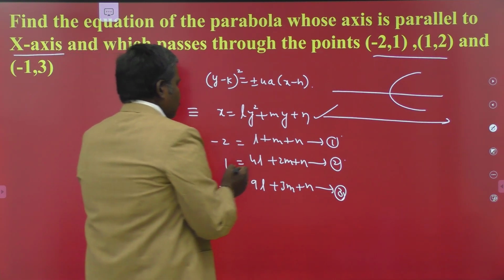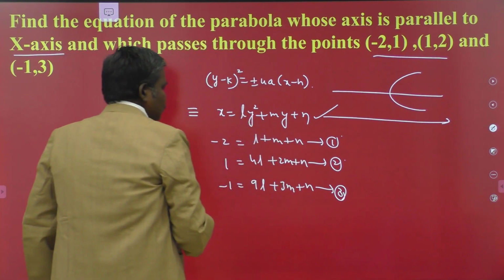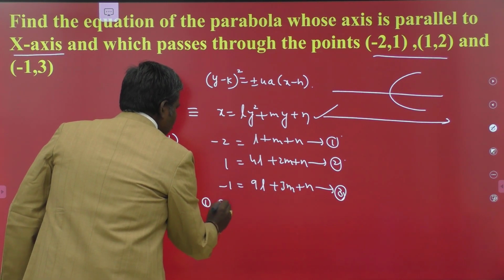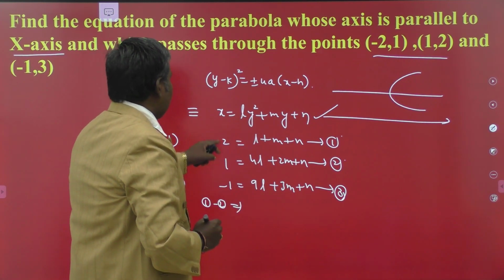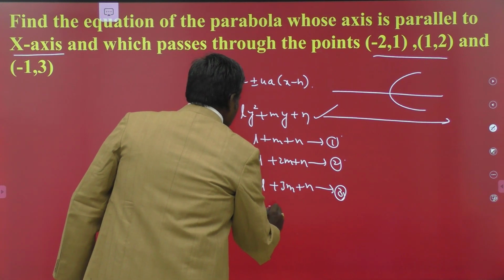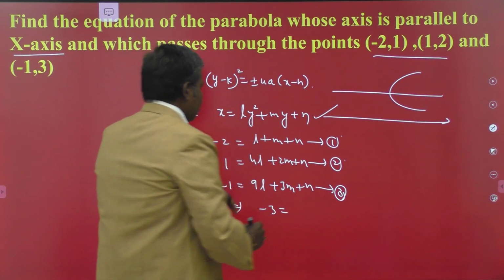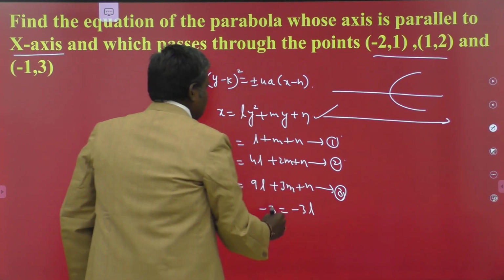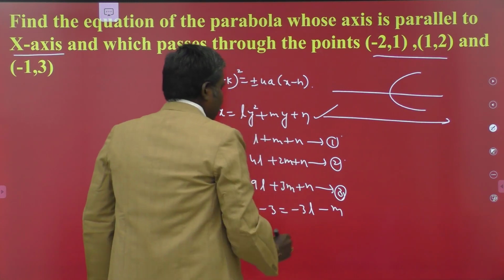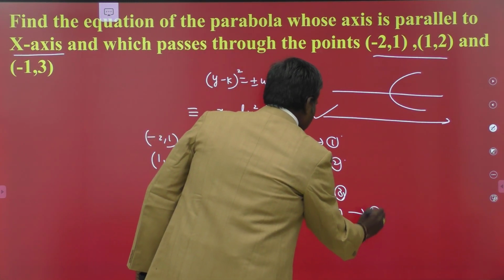So first of all you have to eliminate n from these three equations. We write 1 minus 2. 1 minus 2 implies minus 2 minus 1. We get minus 3 is equal to minus 3l minus m. This is equation number 4.